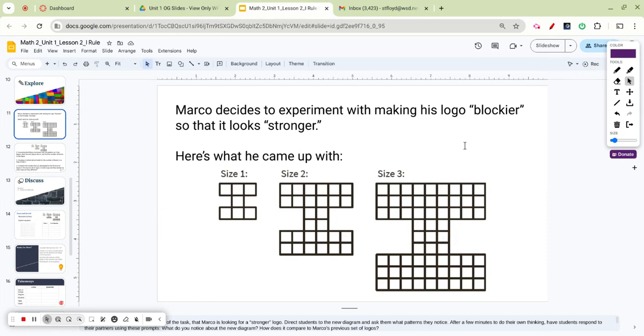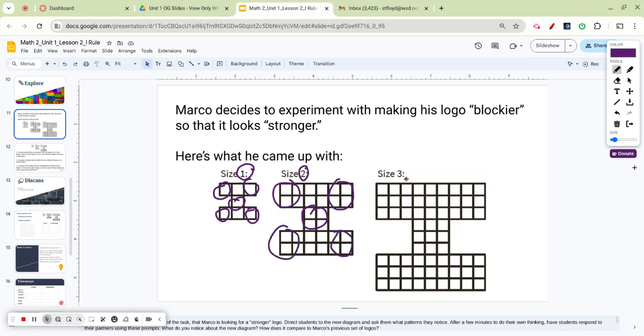Okay, and some things that I'm noticing, and it helps that we've already done the first one. With size 1, you've got 1, 2, 3, 4, 5 ones. When it's size 2, you have 4, 4, 4, 4, and 4.